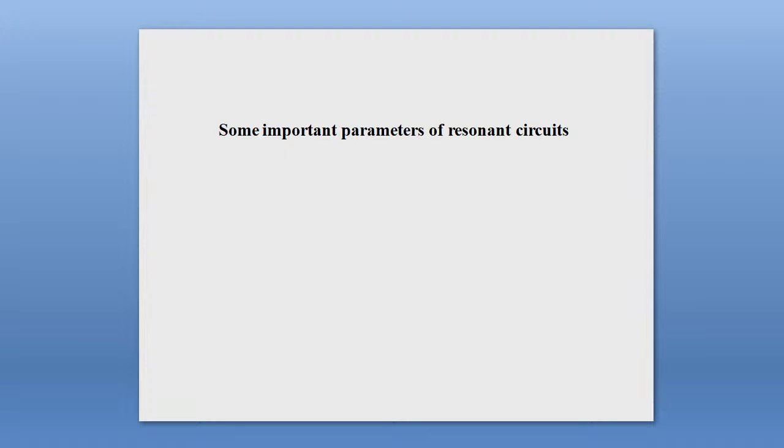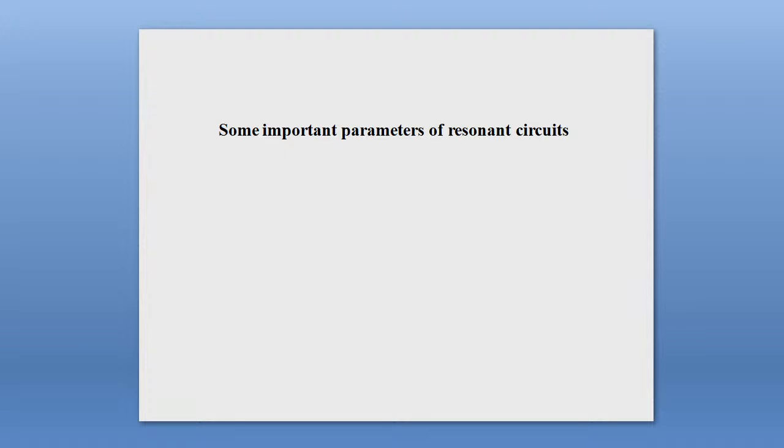You know that resonance is a phenomenon that occurs in a series RLC circuit at a particular frequency, known as the resonant frequency. Resonance occurs when the frequency of the applied voltage is equal to the resonant frequency.